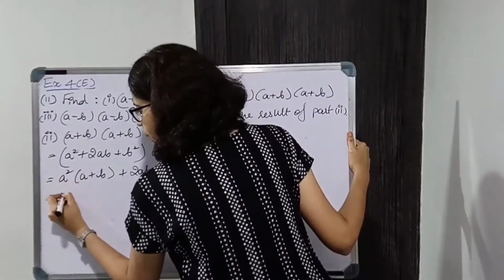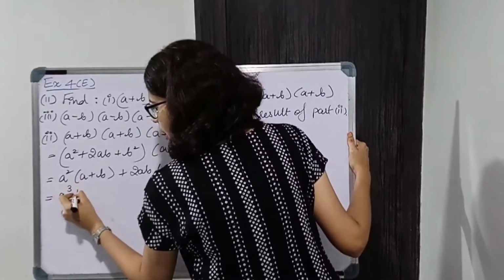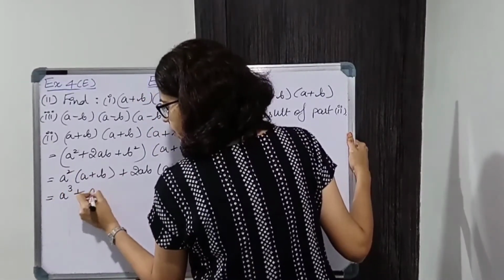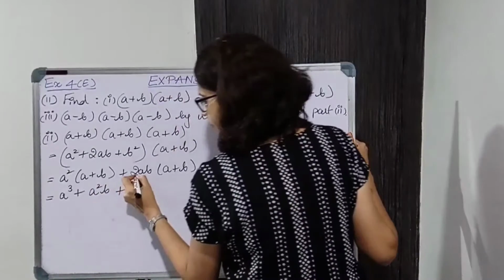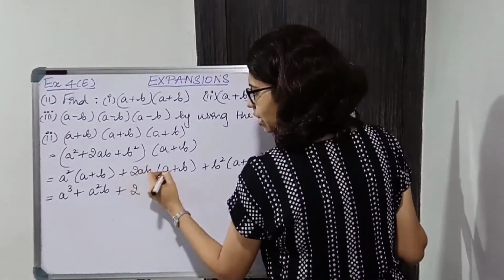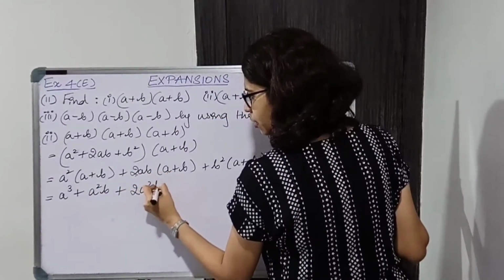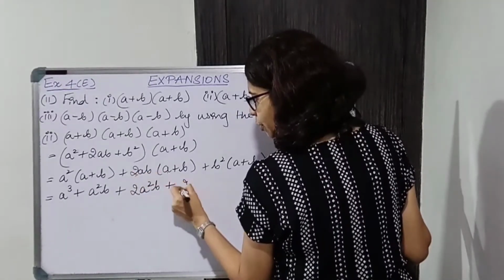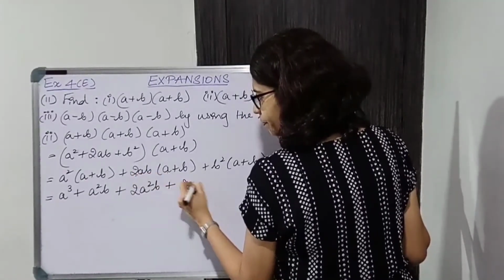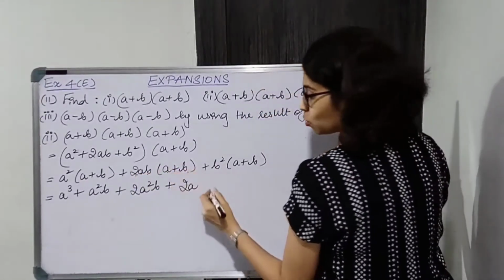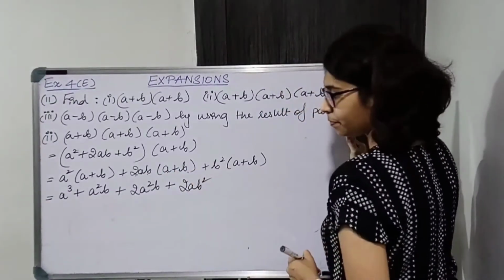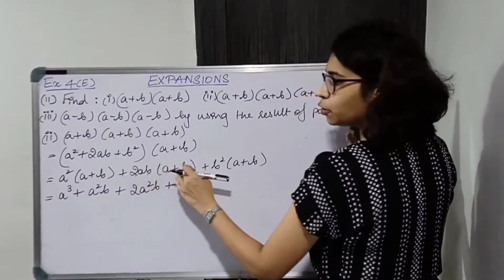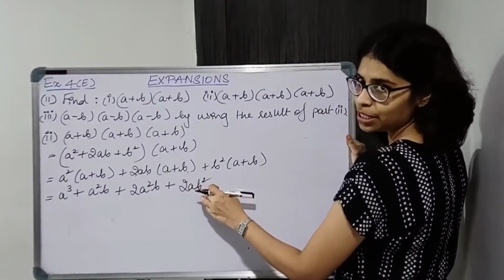A square into A will give A cube plus A square into B will give A square B plus 2AB into A, 2AB into B, so that will give 2AB square.